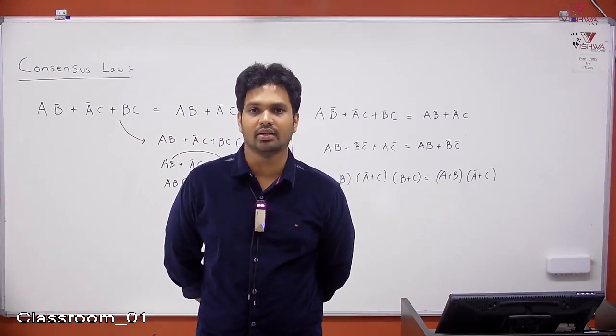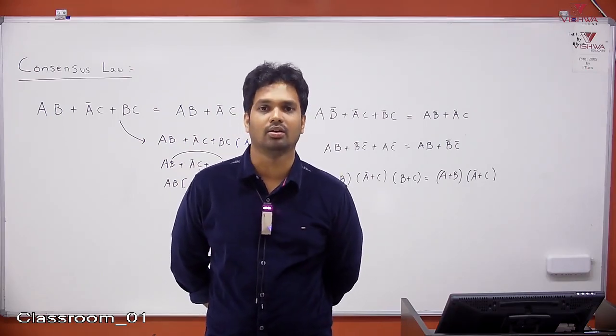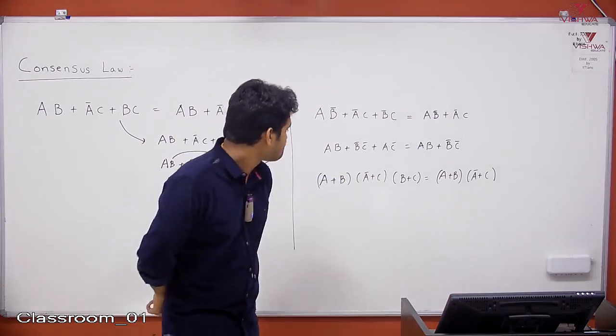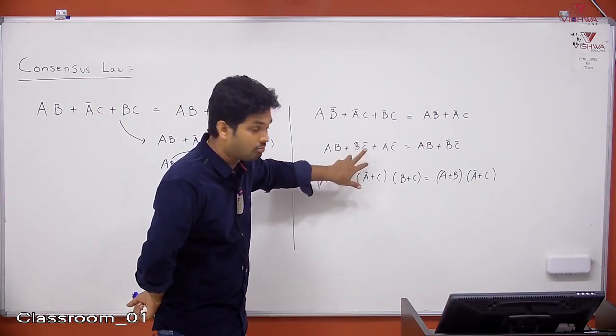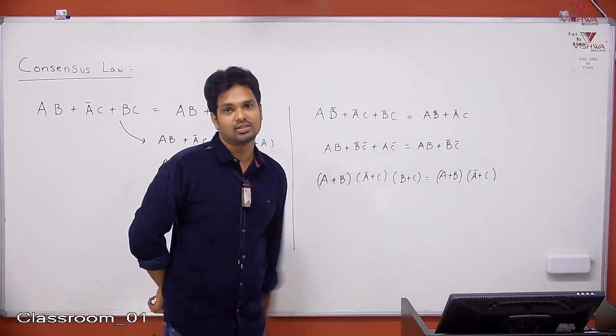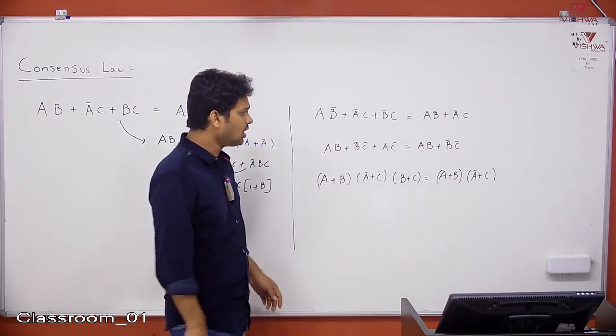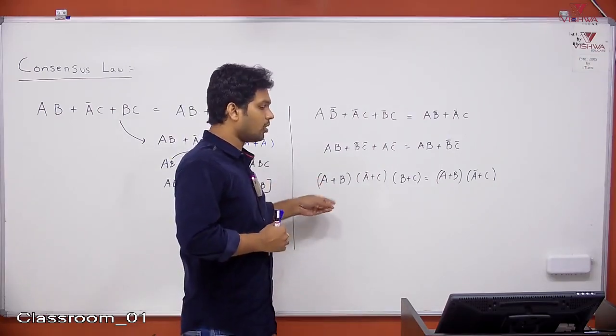Then we can neglect the remaining part. Listen here. You have a variable, its complement, product of this remaining, you can neglect that remaining part. That is the meaning, right? And now let us see the problems based on this.